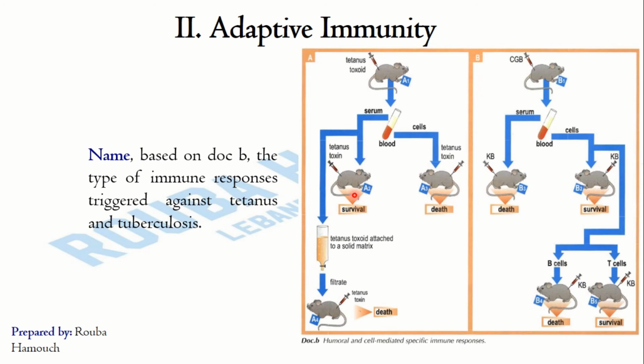When the immune response triggers against soluble antigens or any non-self intruder or antigen, when the effectors of such an immune response are antibodies found in the serum secreted by plasmocytes, the immune response is called specific humoral immune response.